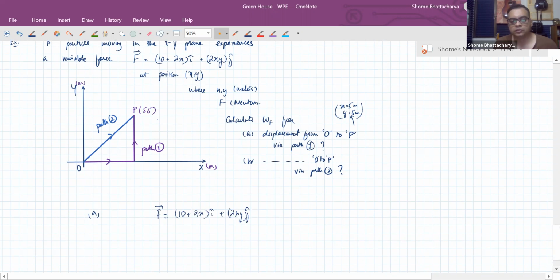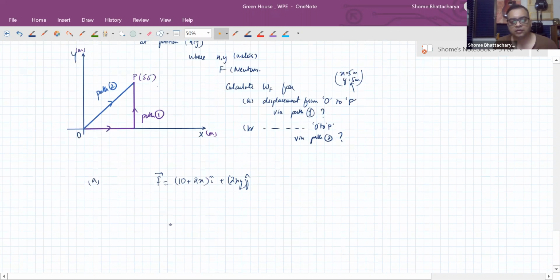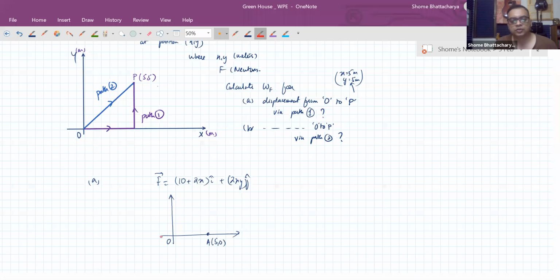Okay. So now, the first part, I'm going from this point to, let's say, this point A, which is at 5, 0. So when I'm at a general point like this, I'm on the x-axis and my displacement is going to be like this.